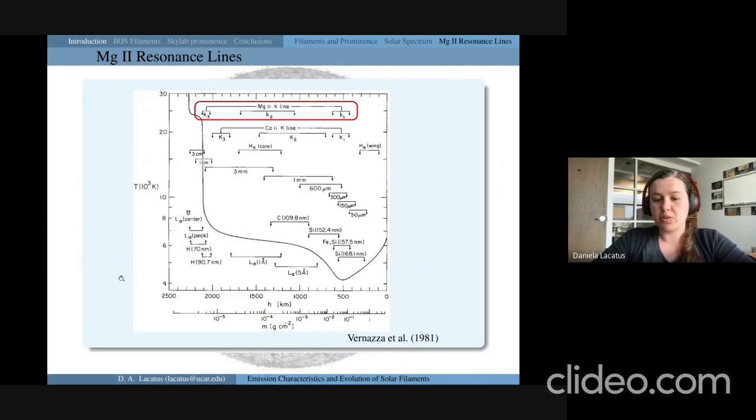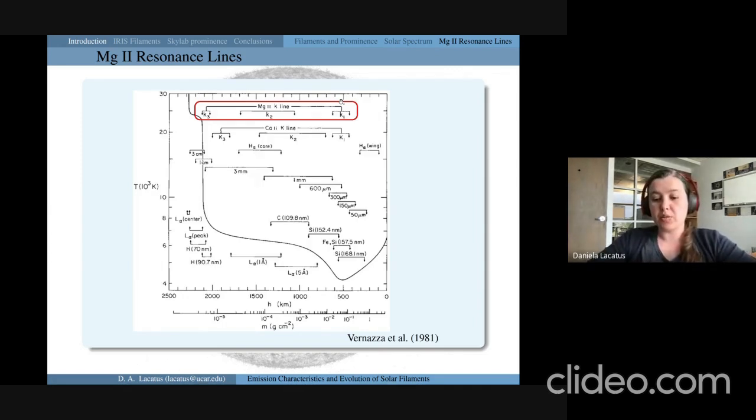I'm interested in the magnesium II lines because they have contributions to their formation from various layers of the solar chromosphere. For instance, you have parts that are formed just above the temperature minimum at the top of the photosphere. The bulk of the contribution comes from the temperature plateau in the chromosphere, while the center of the line is formed very high up in the atmosphere at the bottom of the transition region.